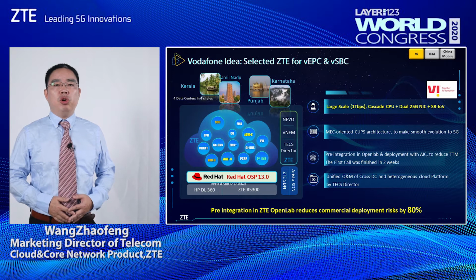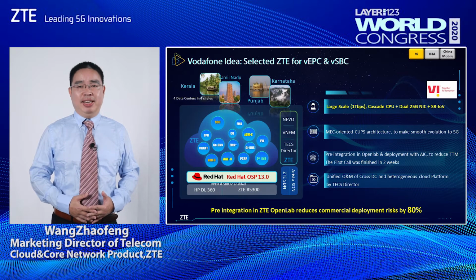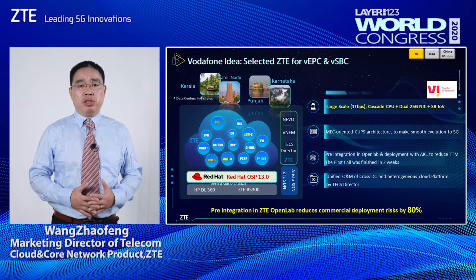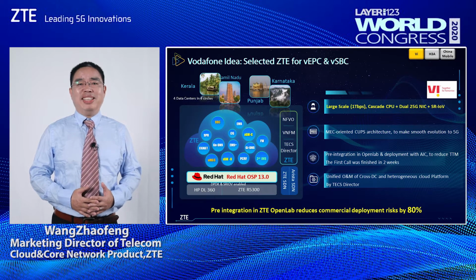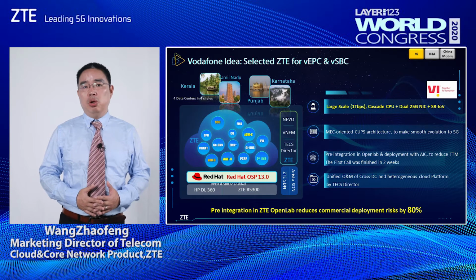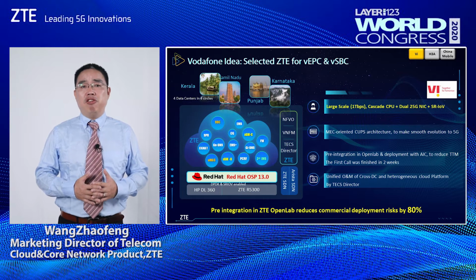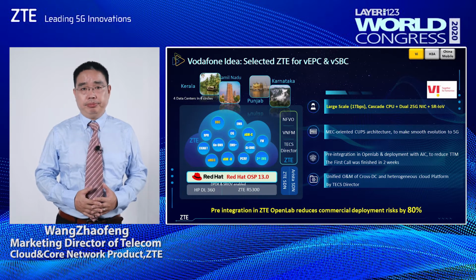The ZTE Common Core solution has high performance and large capacity characteristics. It supports up to 1 Tbps throughput with dual 25G NIC and SR-IOV virtualization technology to meet Vodafone Idea's large capacity and massive data forwarding throughput requirements.